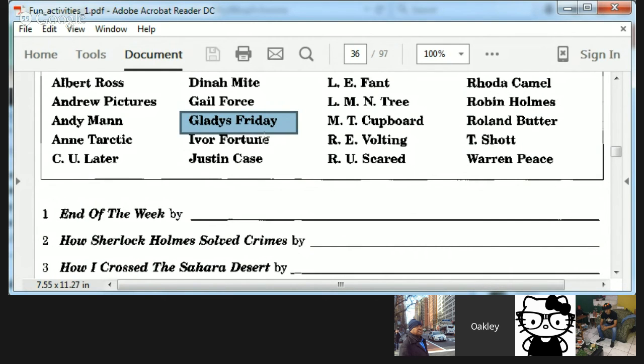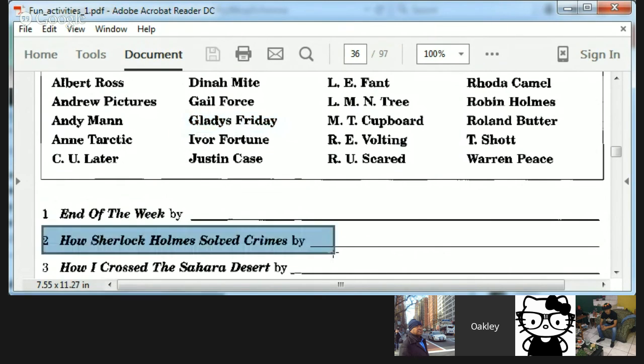Glad it's Friday. We saw a similar knock-knock joke. Okay, that's the idea. Heidi. How Sherlock Holmes solved the crimes by... Just in case. No, but okay. Solving a crime is called a case.